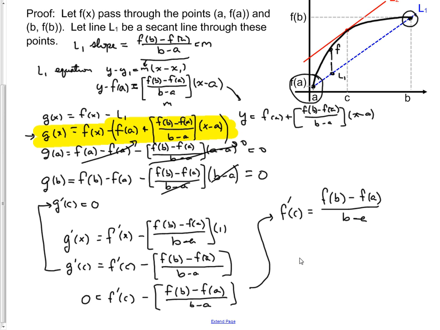Again, provided that f prime of x exists, that means the limit exists, and that the function is differentiable and continuous over the interval. If those conditions are met, our mean value theorem is true.